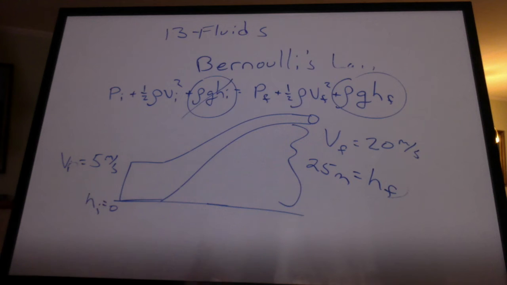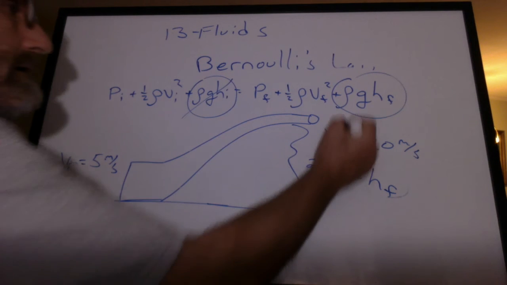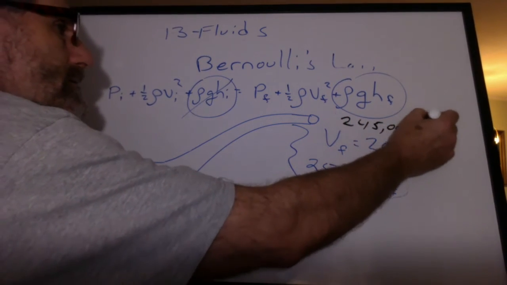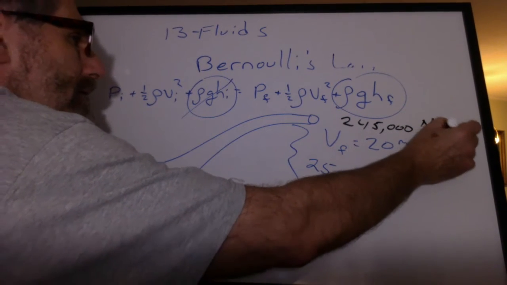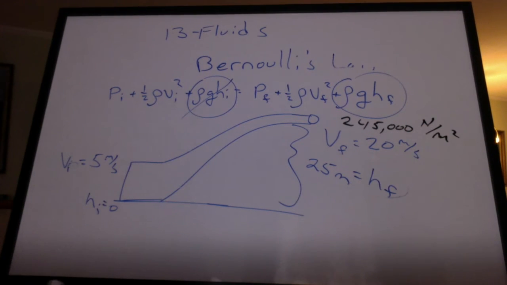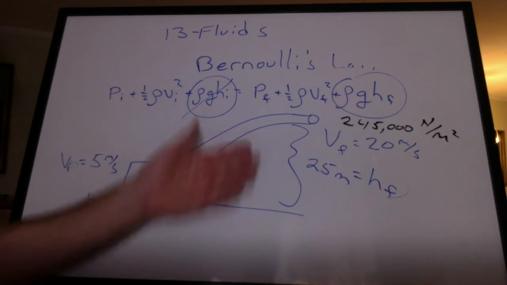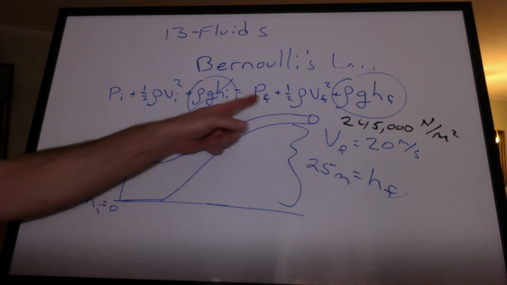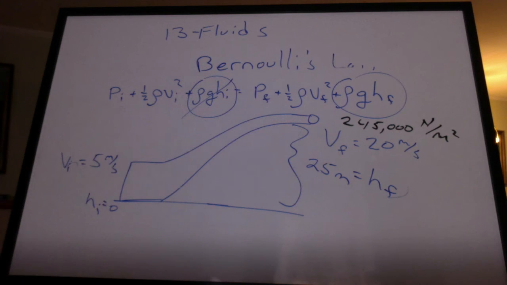Let's calculate the final potential. When I call it potential energy, it's really potential energy per volume. That's what this is. You get 245,000 newtons per meter squared. Now, how do I know that the units are newtons per meter squared? I'm not going to keep trying to prove the units. Rho GH was pressure. That's pressure. Everything's going to have to be in those same units.